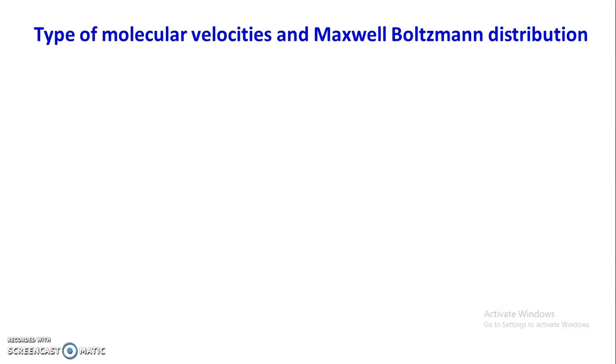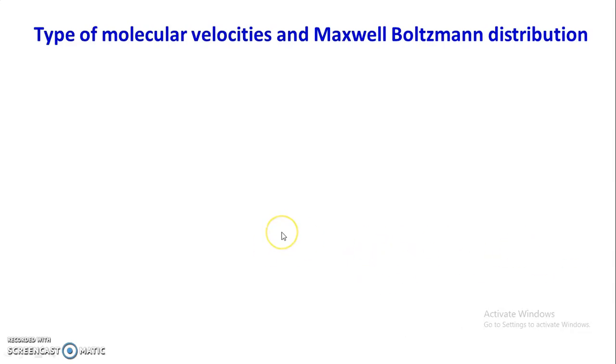During these collisions there is an exchange of energy which changes the speed or velocity as well as kinetic energy of these molecules, and therefore there is a broad distribution of various velocities or different fractions of molecules.